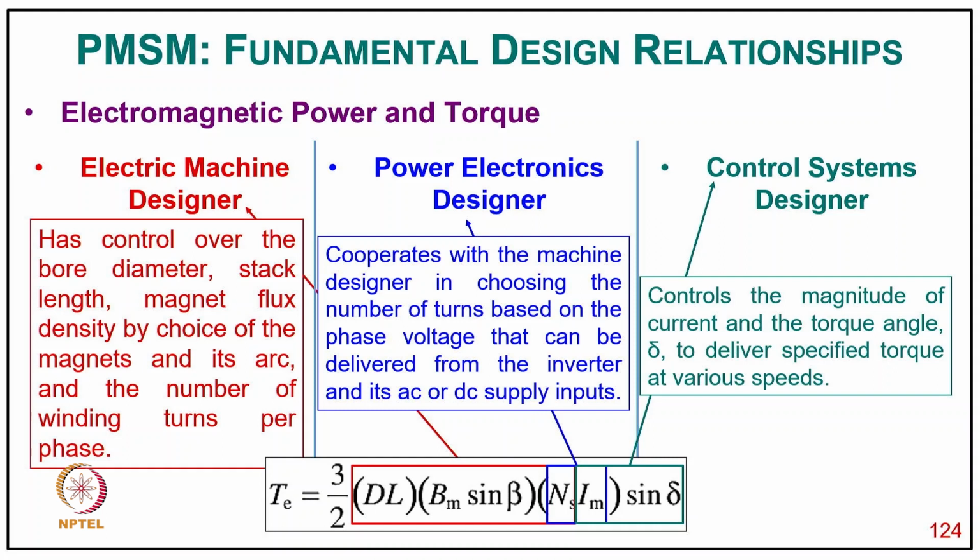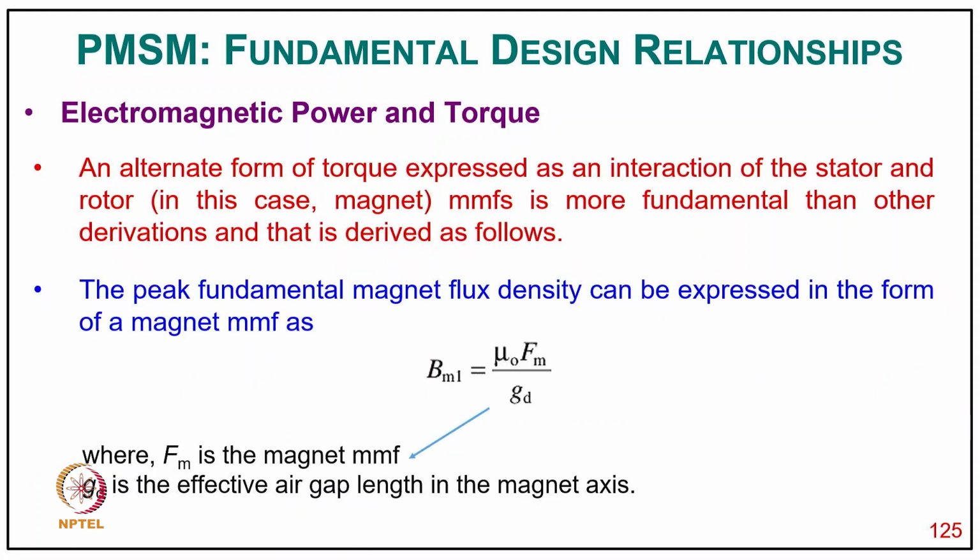The control system designer typically controls the magnitude of the current and the torque angle delta to deliver the specified torque at various speeds, and here T equal to 3 by 2 dl Bm sin beta Ns Im into sin delta. So these are the different components that decide the electromagnetic torque.